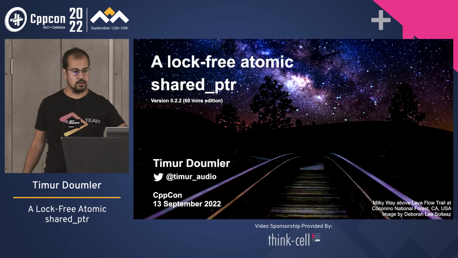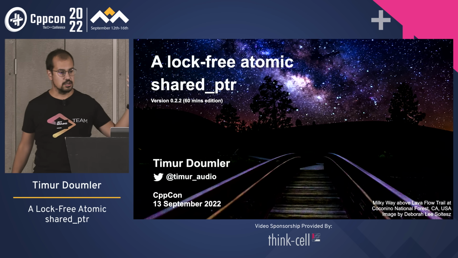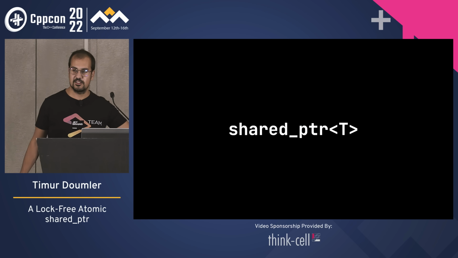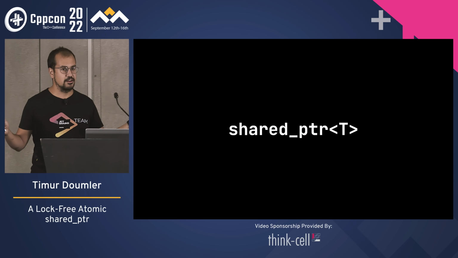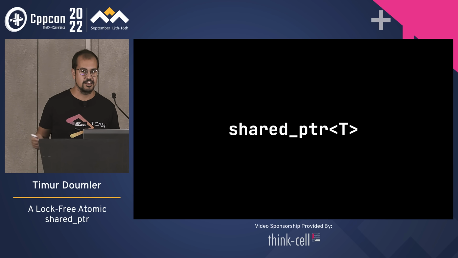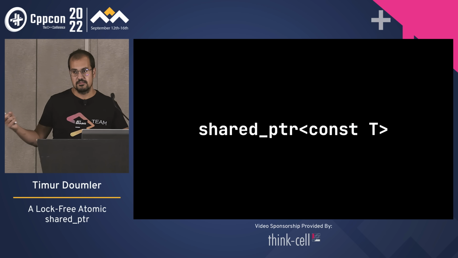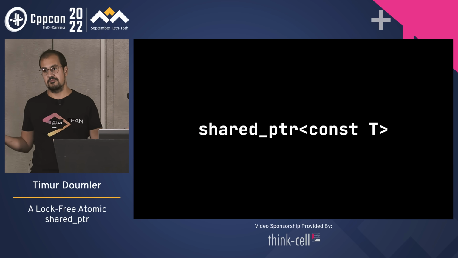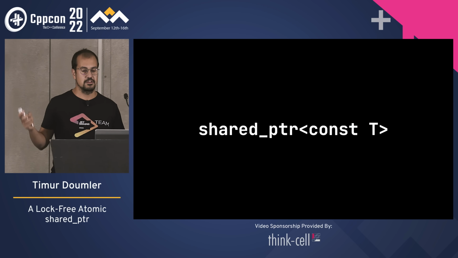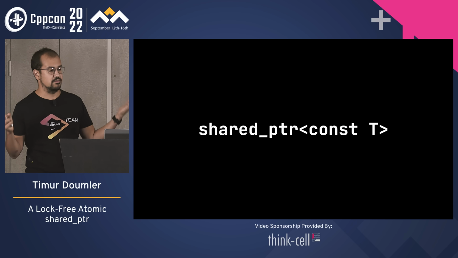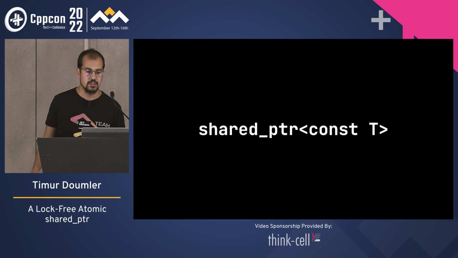Why do we talk about shared pointers in 2022? As multiple people already this week have mentioned, this is not good. It's shared global mutable state, right? But first of all, you can have a shared pointer to const T, and that makes the whole problem of shared mutable state evaporate.